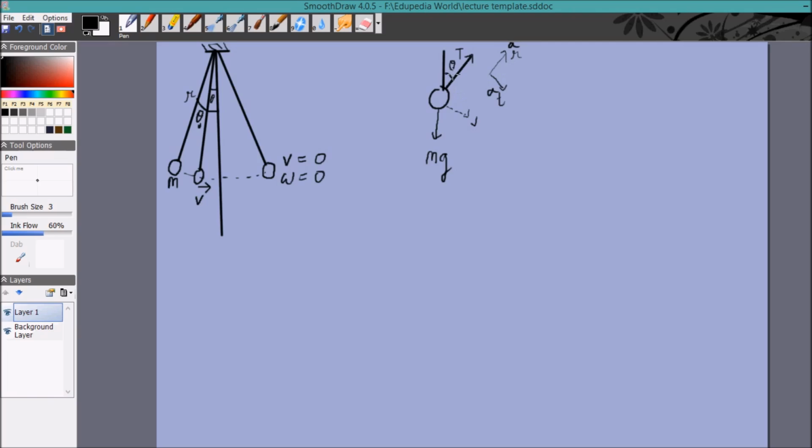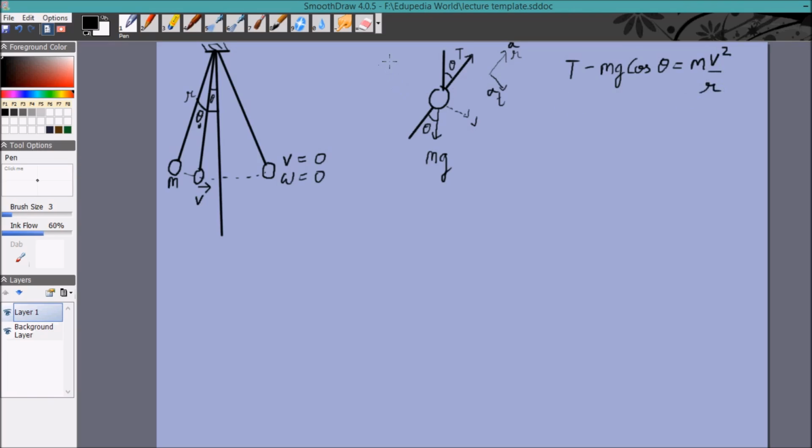Right, so first let's write down the equation for the radial direction. If this is theta, due to vertically opposite angles, this is also theta. So the equation in the radial direction will be T minus mg cos theta is equal to m AR. And what is AR? AR is v square by r. Right?